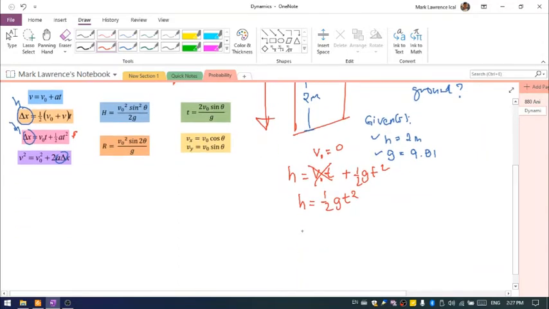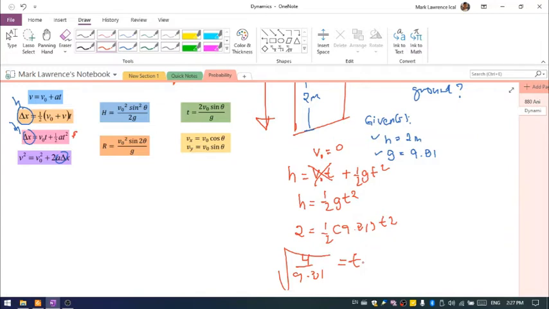Substituting the values into the equation: 2 equals 1/2 times 9.81 times T squared. So the square root of 4 over 9.81 is equal to the time.